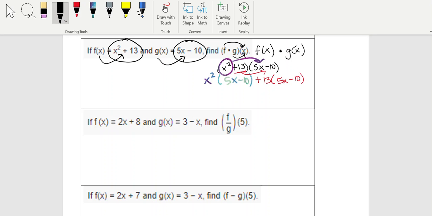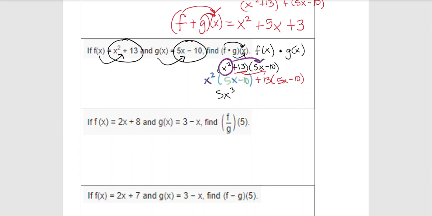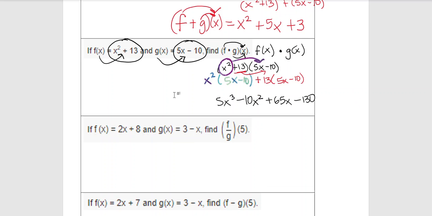Once I do that, I've multiplied. So let's multiply x squared times 5x. That gives me 5x cubed. X squared times negative 10 is negative 10x squared. Distribute the positive 13, and I get positive 13 times 5x, 65x, and positive 13 times negative 10, which is negative 130. Then you want to combine your like terms.